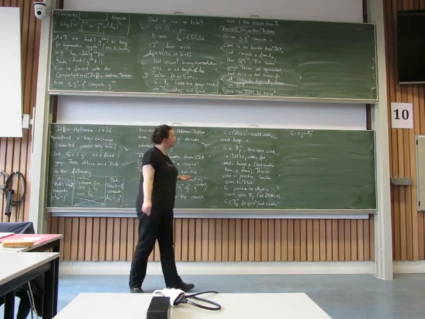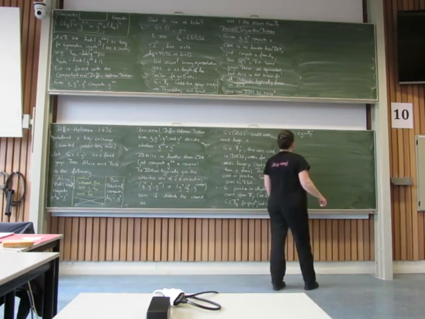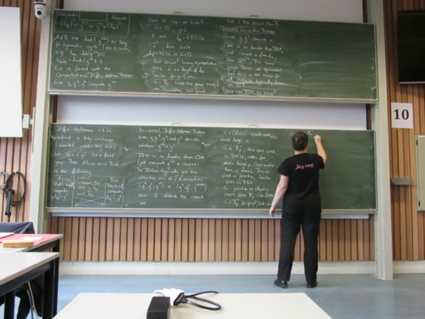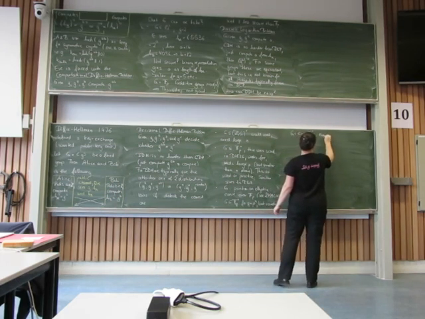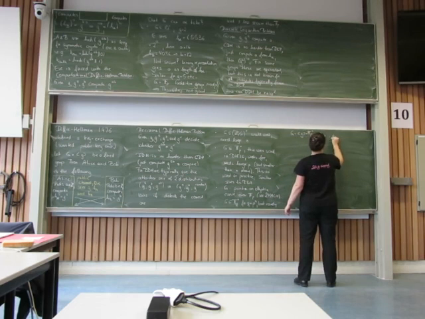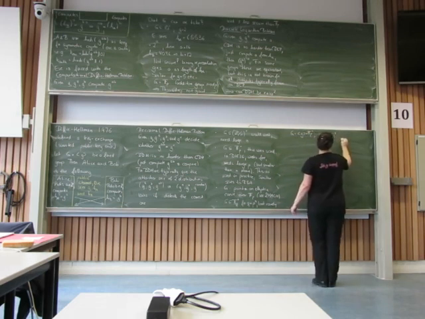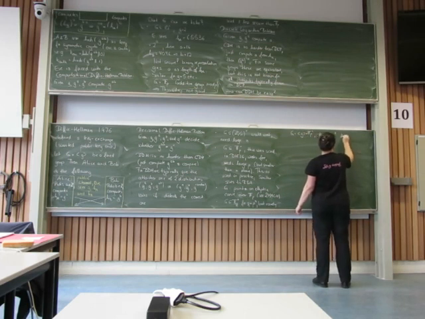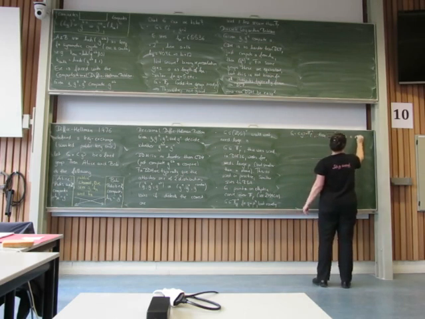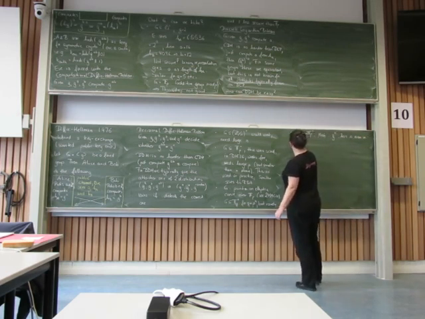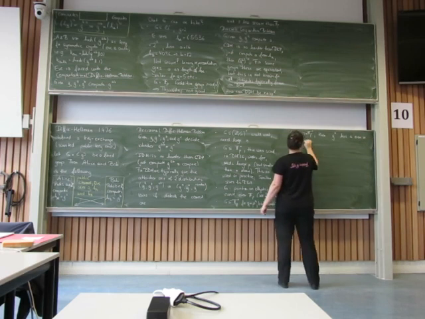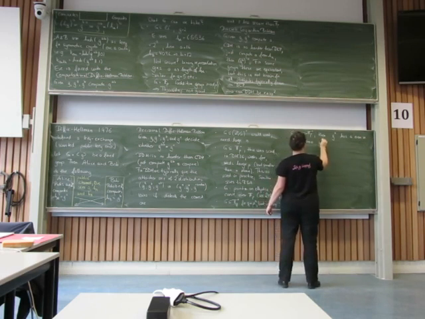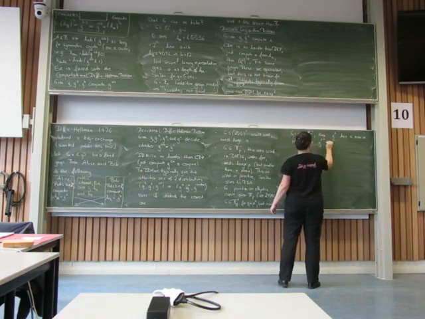Now, if you take g to the a, and this has a which is even or odd. And we know that g to the p minus 1 is 1.